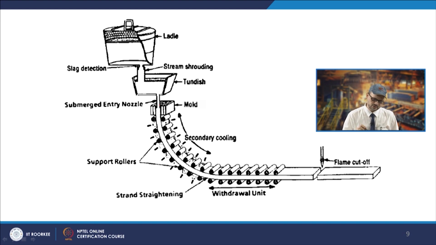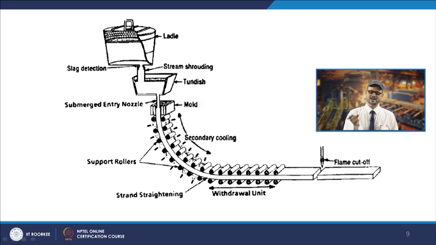Then you provide a bend, in the form of support rollers. The solidified shell along with liquid metal will move. The external part is still solidified and the internal part is still liquid, and that will be moving with the help of these rollers.